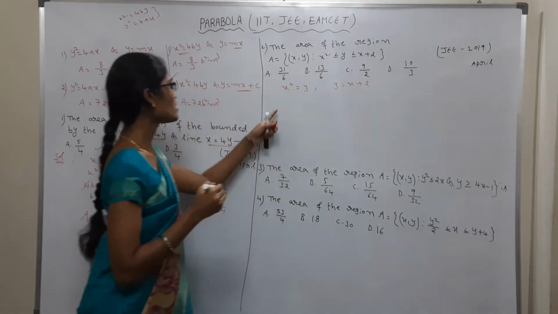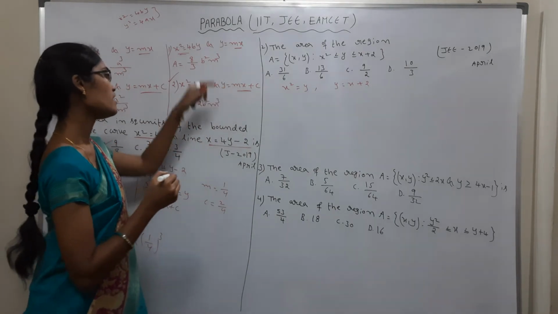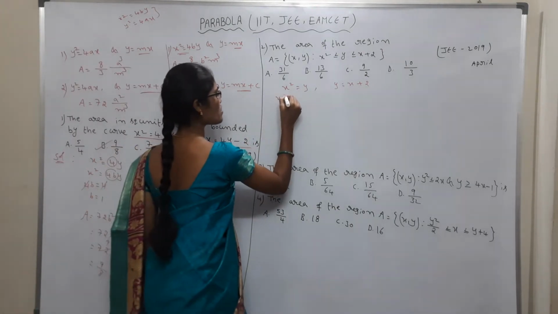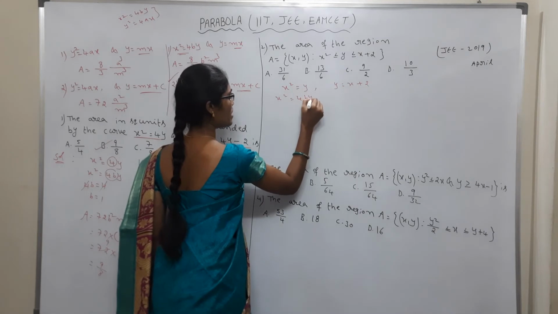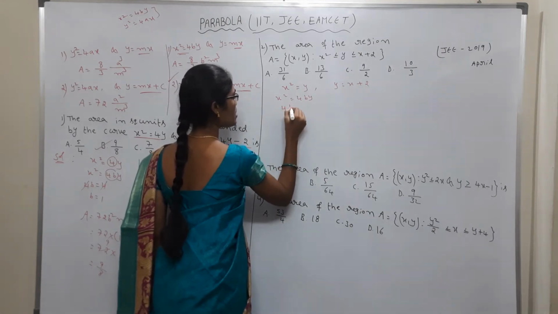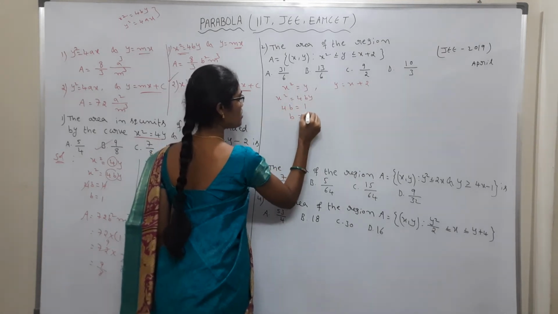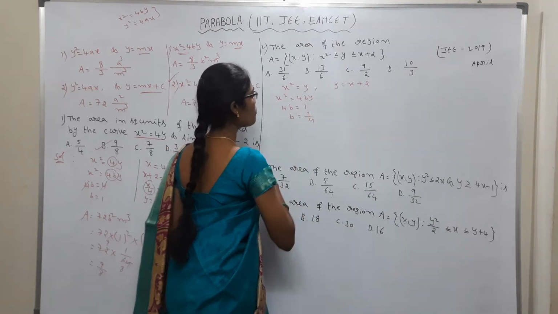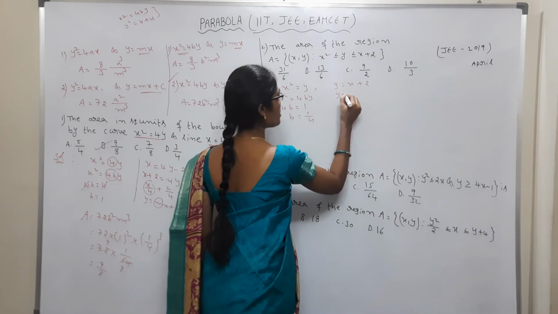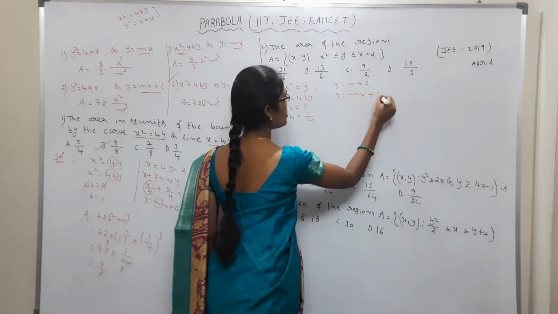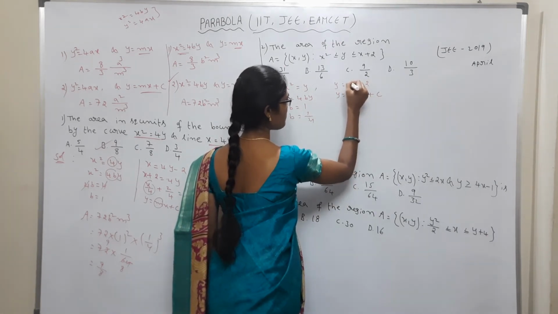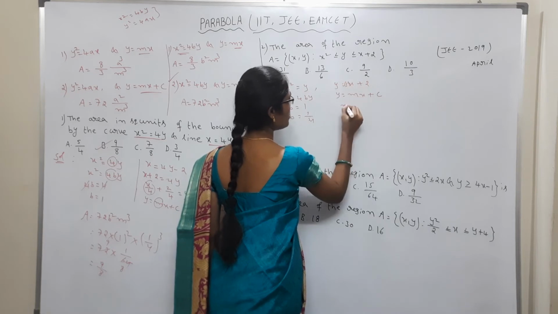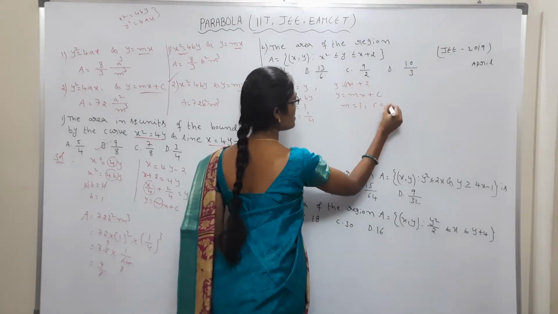Comparing with x square is equal to 4by, 4b is equal to 1, so b is equal to 1 by 4. Next, comparing y with y is equal to mx plus c, here m is equal to 1 and c is equal to 2.